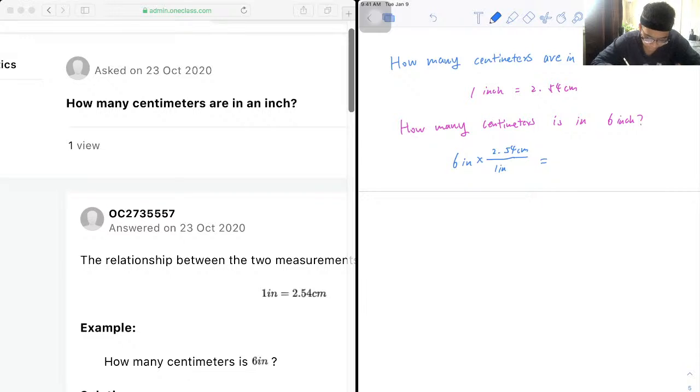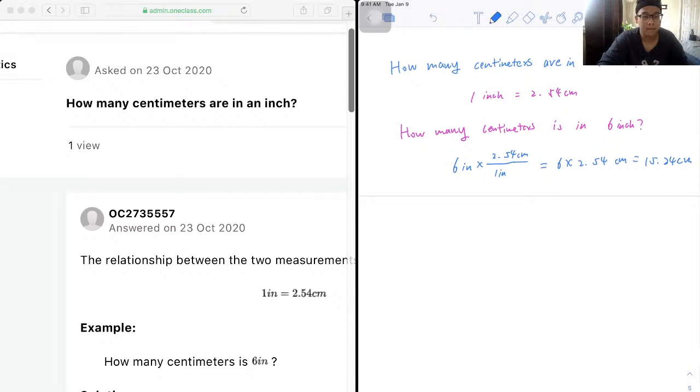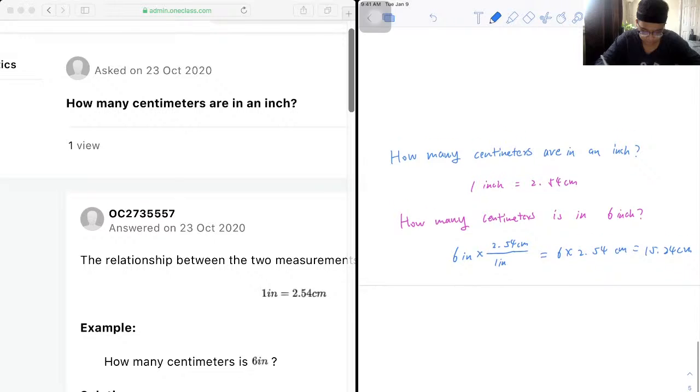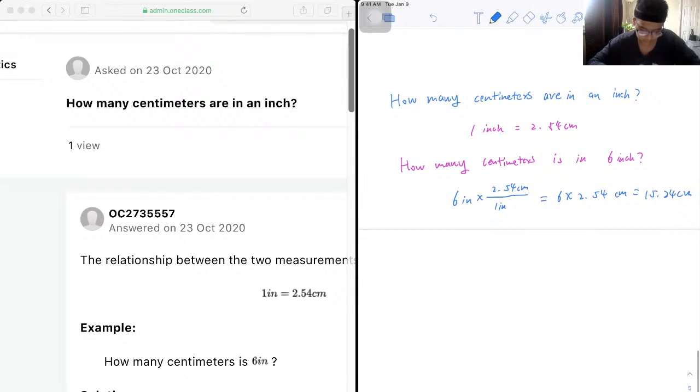Therefore, we have 6 times 2.54 centimeters, which is 15.24 centimeters. Right. So that's how we find the centimeters in an inch.